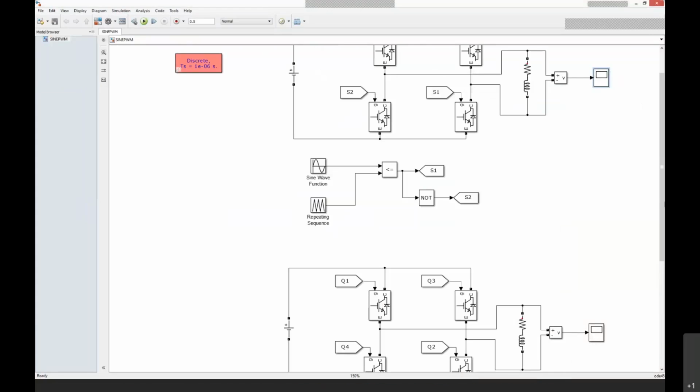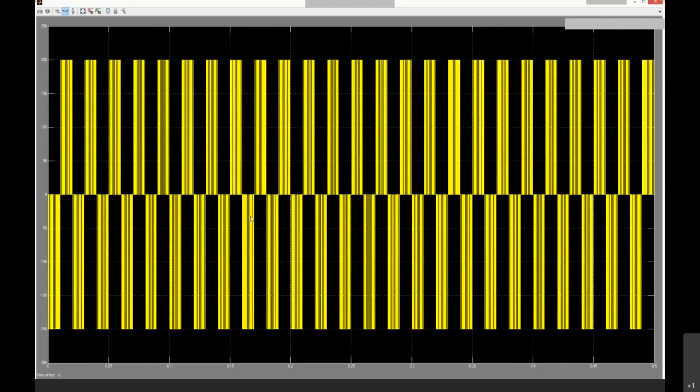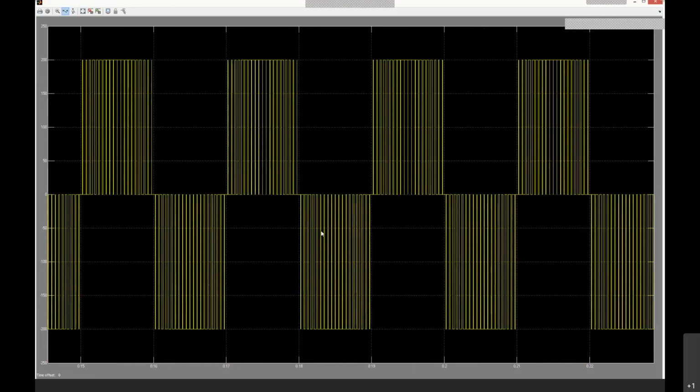So once this is done, we'll run this again. You can see the output, which is varying from plus 200 to minus 200. Polar output voltage, so that is obtained.